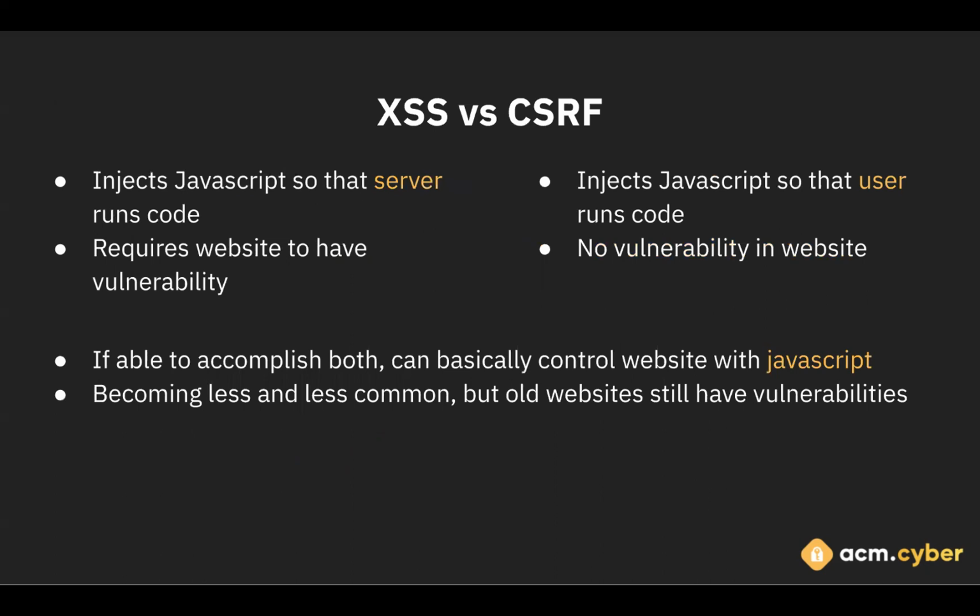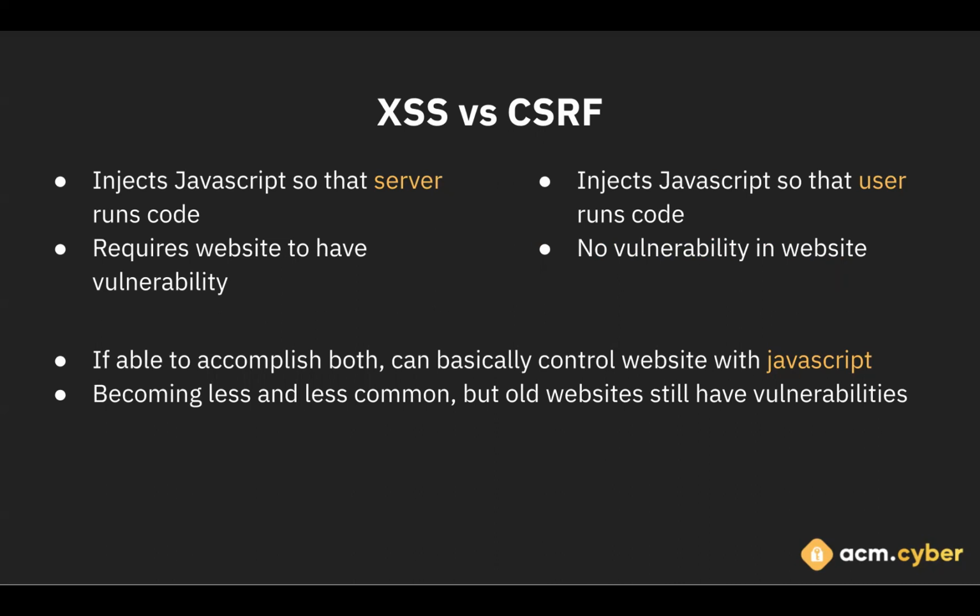Yeah. So now let's compare XSS and CSRF. Both of them inject JavaScript, which is why they're now included in the injections. But XSS injects JavaScript so that the server runs the code, whereas CSRF injects the JavaScript so that the user will run the code. XSS requires a vulnerability in the website, like a text field that was improperly sanitized, whereas CSRF requires no vulnerability in the website.